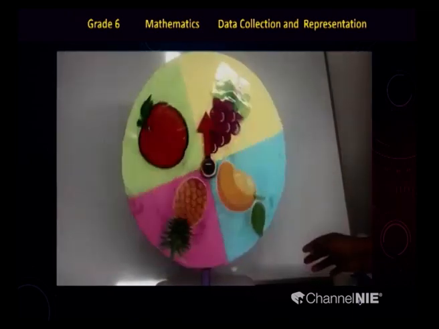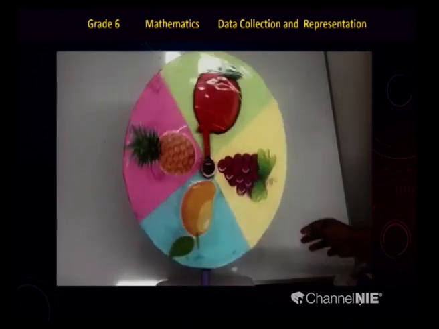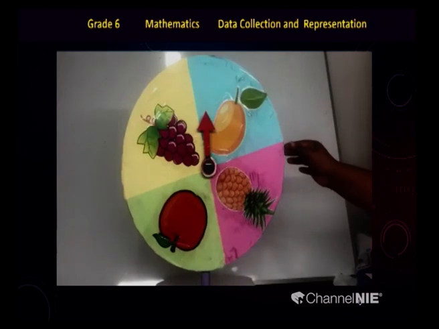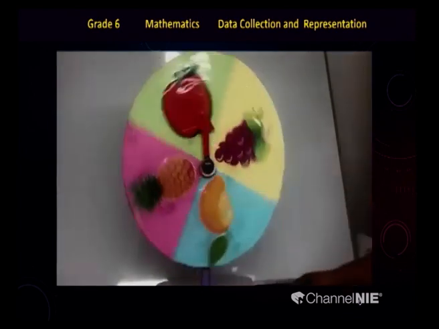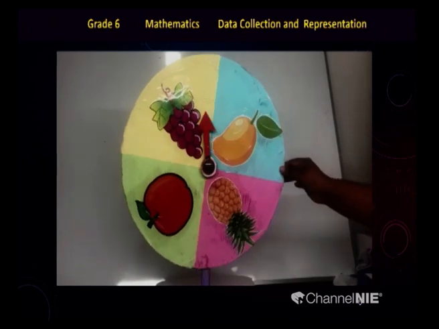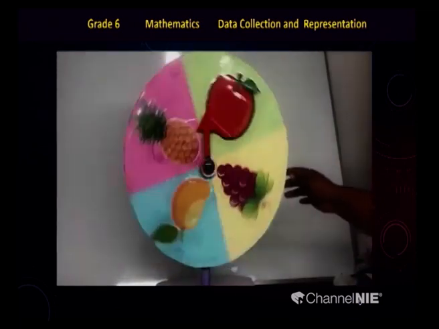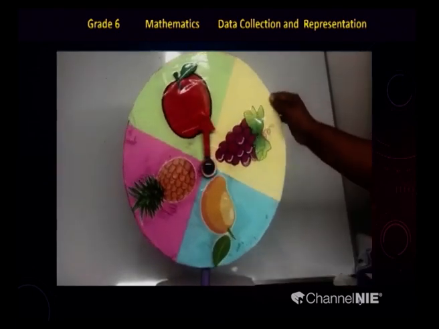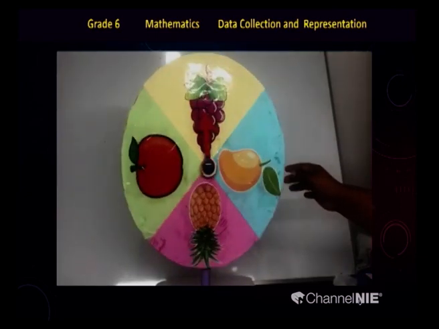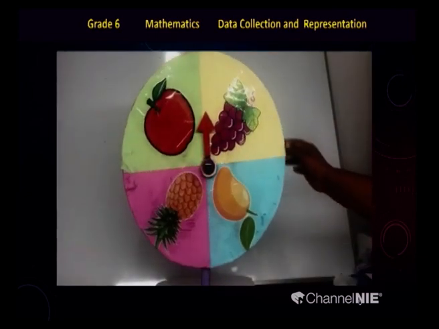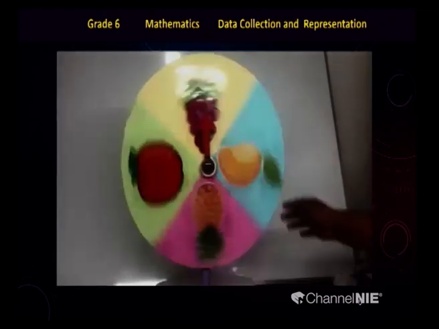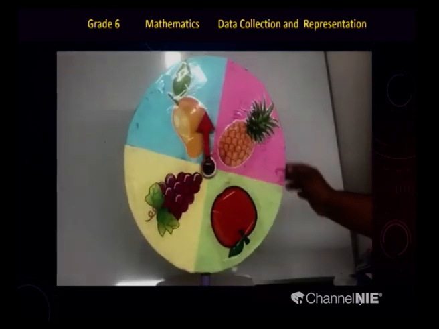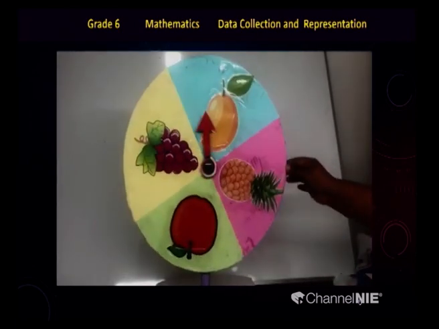The next one, you should complete your table with the number of times these fruits were received. Next one, mango. Grapes. Again grapes. Apple. Again grapes. Hurry up, children. Now you have completed, I think. Mango. Again mango.